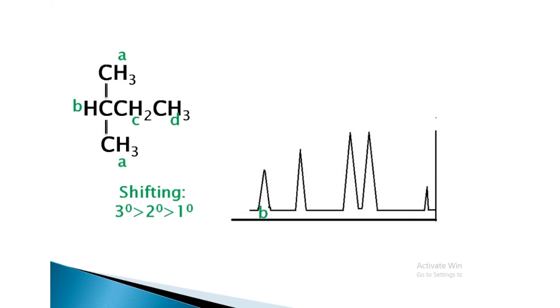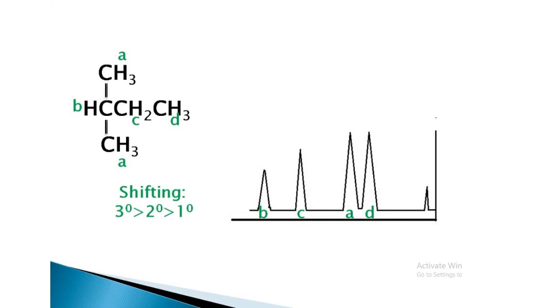Then notice the C hydrogens are secondary hydrogens, so there should be the second most shifted peak, and the A-type hydrogens are primary hydrogens, so the last peak should be A and D. They are roughly near each other, and it doesn't matter if you don't know which one would be more shifted than the other. It is good enough for now that they would be peaking near each other on the spectrum.